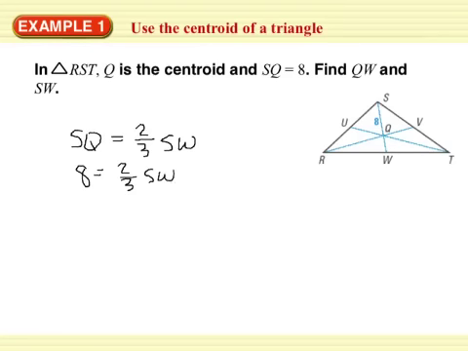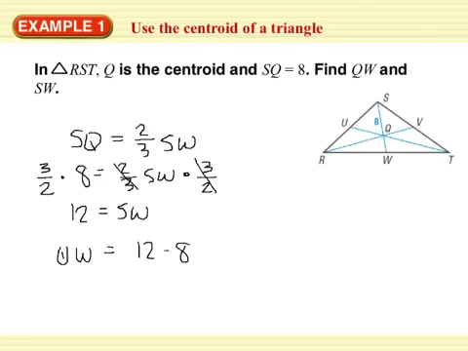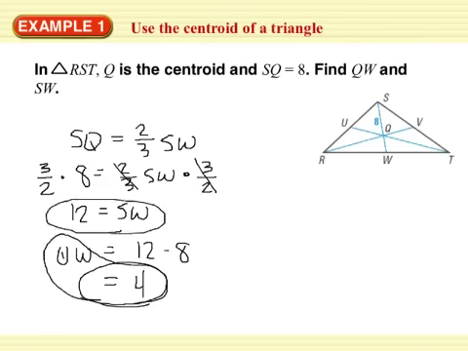I'm going to multiply both sides by the reciprocal, which is the same as dividing both sides by the fraction. 3 times 8 is 24, divided by 2 is 12, equals SW. So that full length is 12, which means QW is 12 minus 8, which equals 4. Sorry, QW is 4, SW is 12.